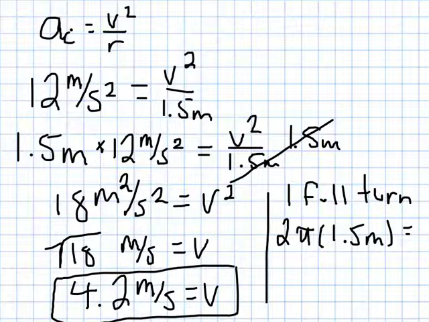I worked that out, and that's about 9.4 meters. So all the way around is 9.4 meters, and we cannot go any faster than 4.2 meters per second. In fact, we need to keep just a little bit below that.